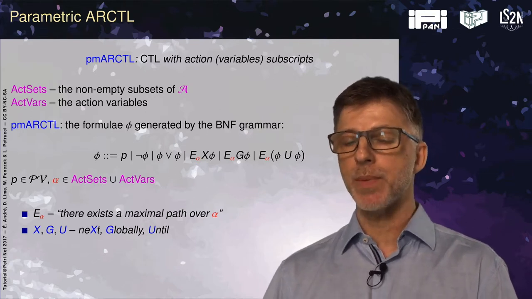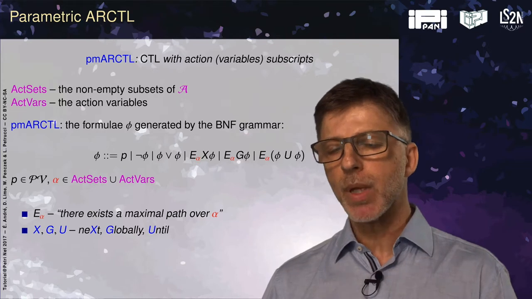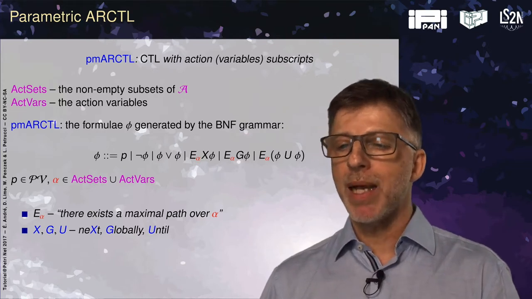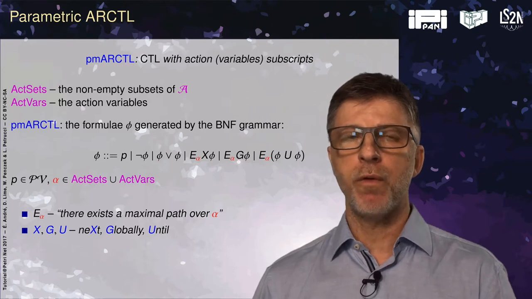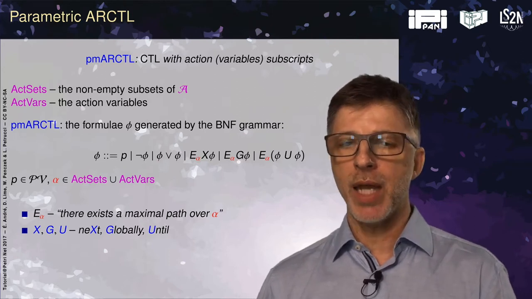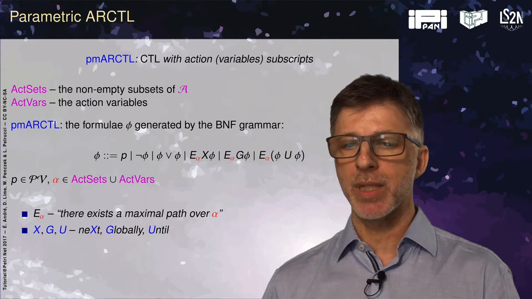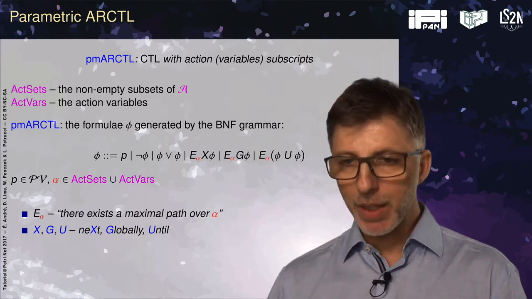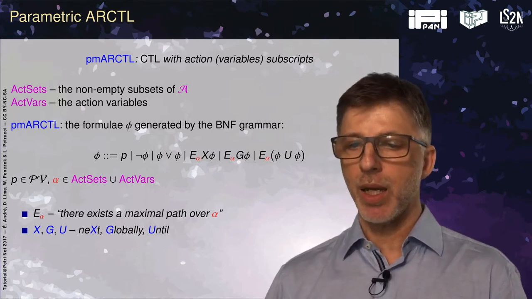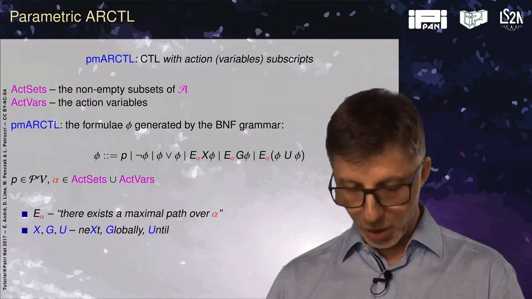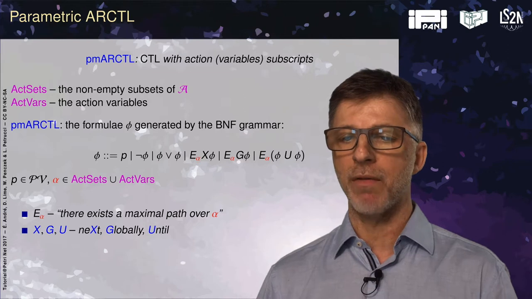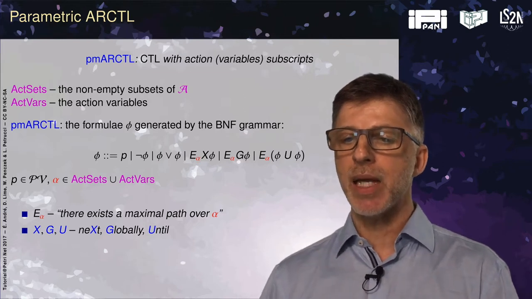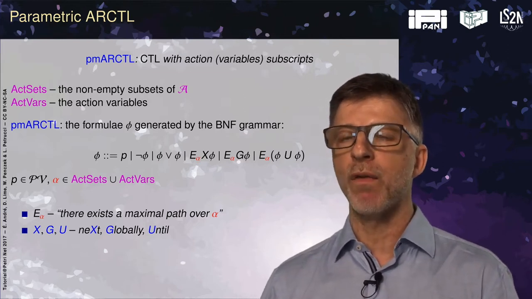Now, as to the semantics, I think that the best way to explain it, rather than to show you formal notation, is to show examples. But before that, let me just mention the intuitive meaning of the operator E subscript alpha. It means there exists a maximal path over alpha.